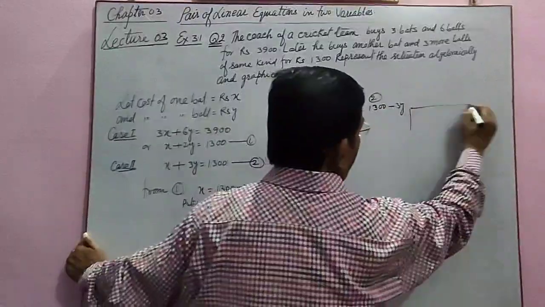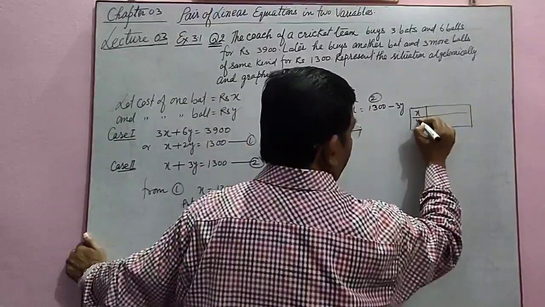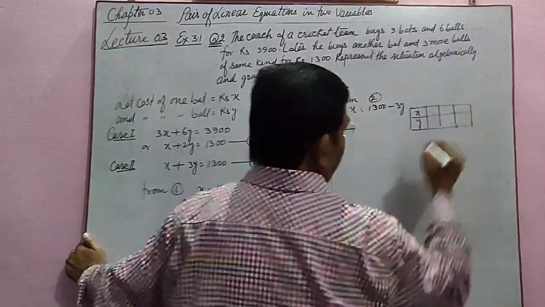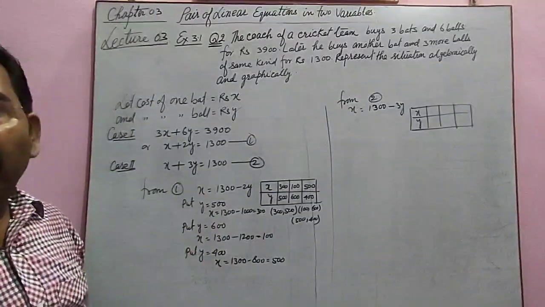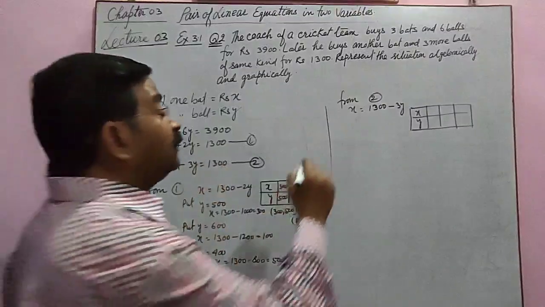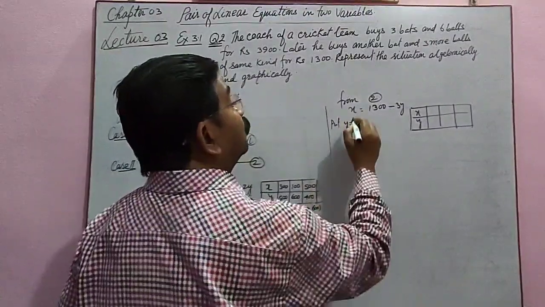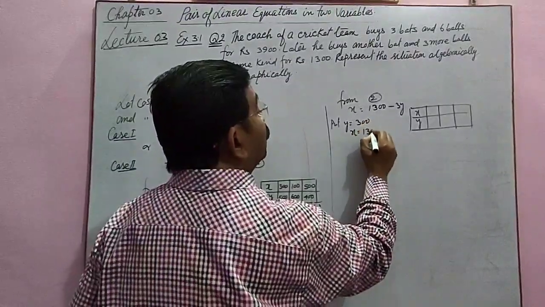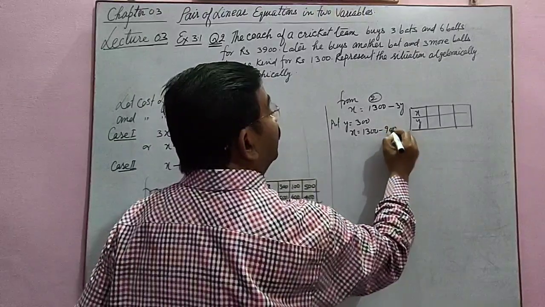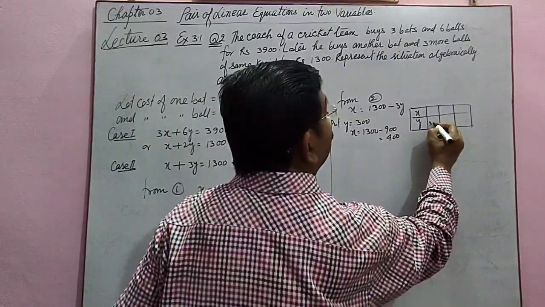Again form the table and put three values of x and y. Again put the value of y in multiples of 100. Put y is equal to 300. Then x is equal to 1300 minus 900, which is 400. So y is 300 and x is 400.